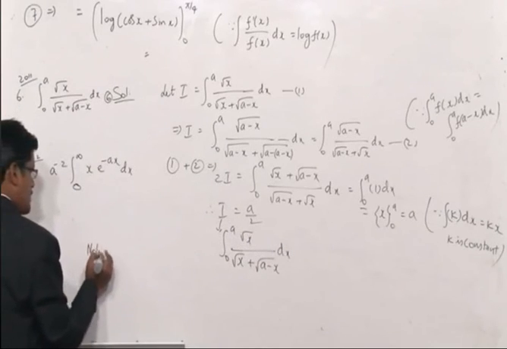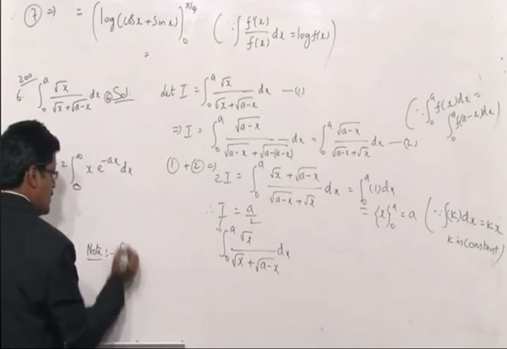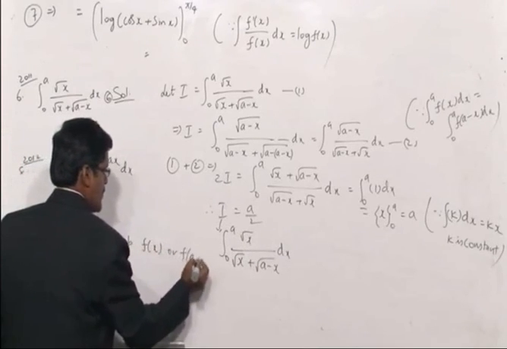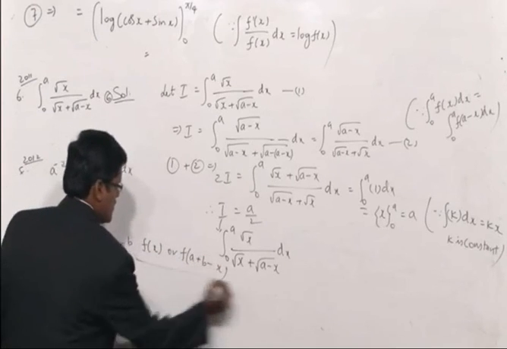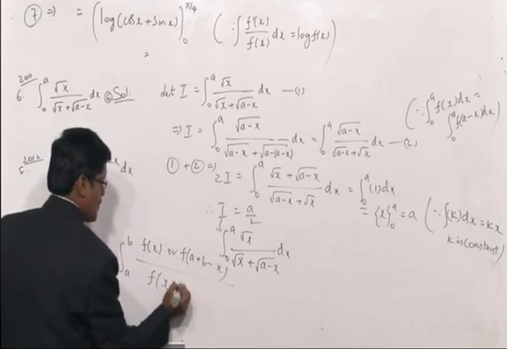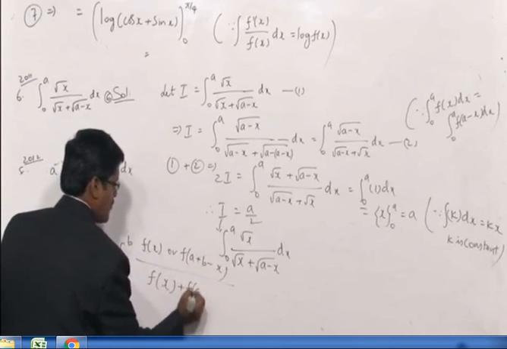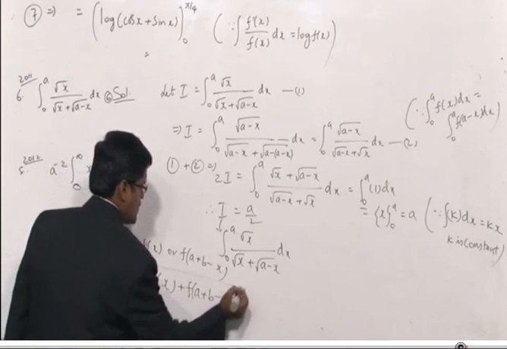With this I can give you an additional formula: the integral from a to b of f of x or f of a plus b minus x in the numerator, and in the denominator f of x plus f of a plus b minus x.